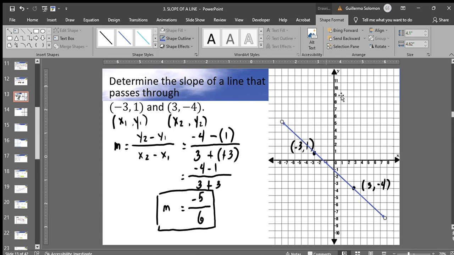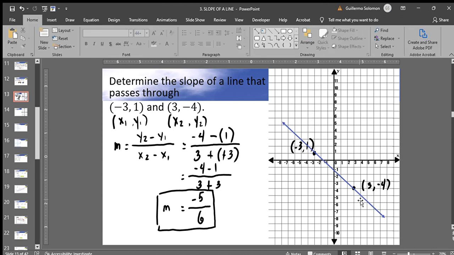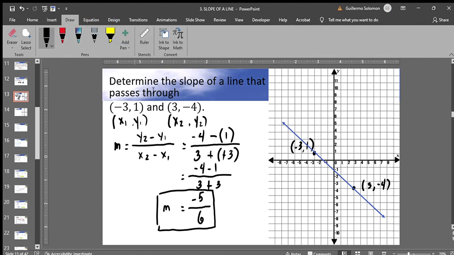After you connect those 2 points, negative 3, 1, and 3, negative 4, let us illustrate our slope, which is our rise, negative 5, and our run, positive 6. This is our rise, and this is our run.